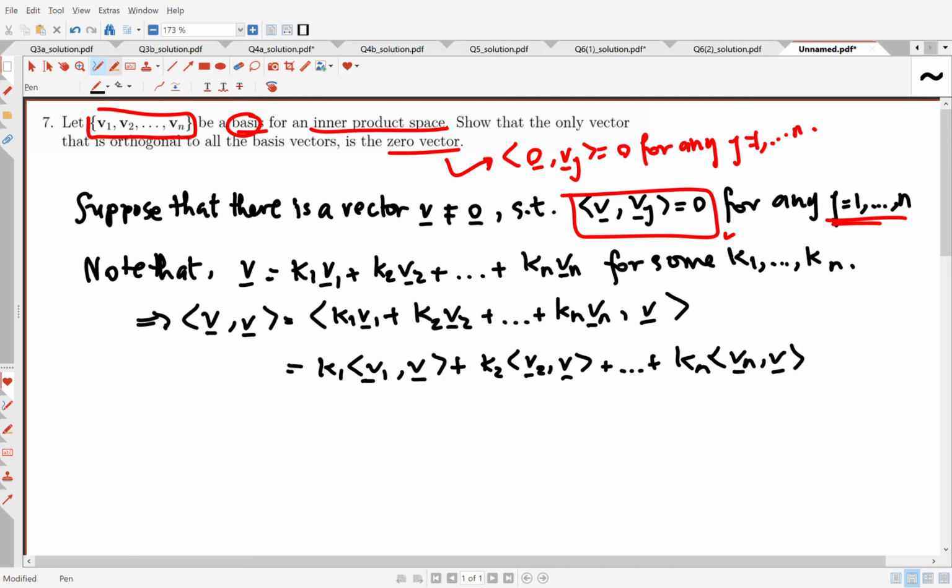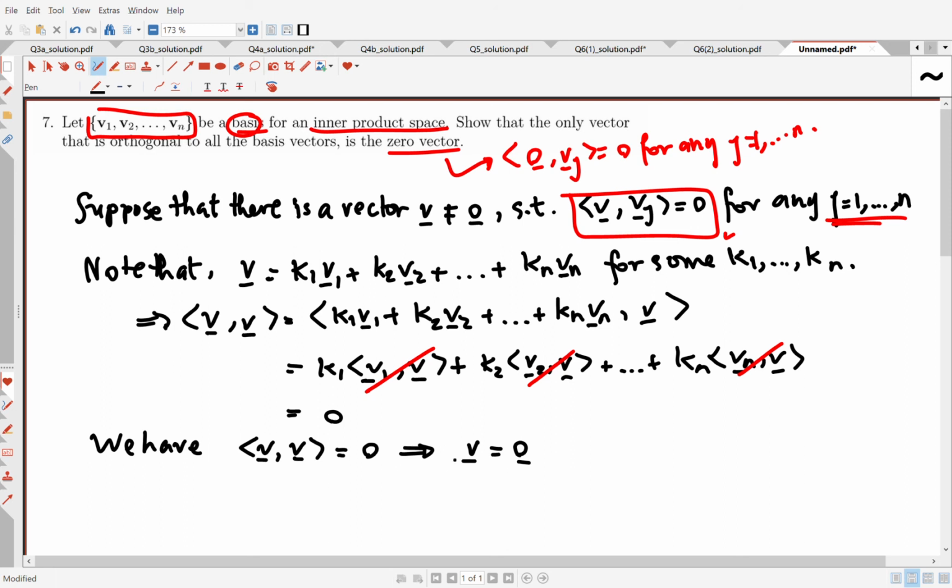Okay, and all of these are zeros, so this is equal to 0. Okay, very good. So we have the inner product of v and v is equal to 0. Okay, this implies my v must be the zero vector.